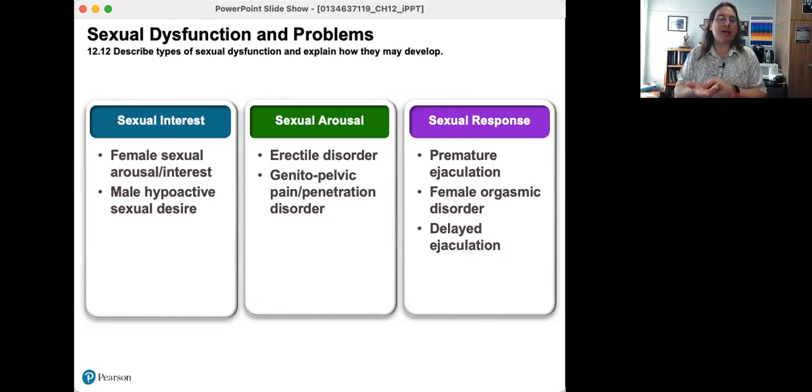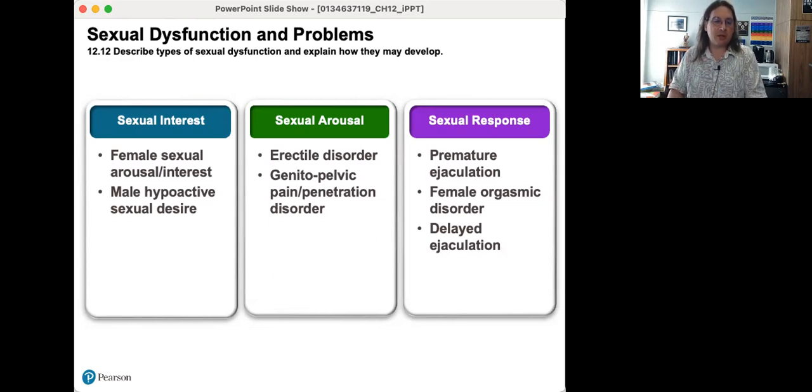It can happen secondary to any kind of mental health issues that the person might be having. It could be a medical issue. It could be genetic. It could be loss of interest in that partner, whatever it might be. There are many explanations for that. But it is classified as a category in the DSM-5.